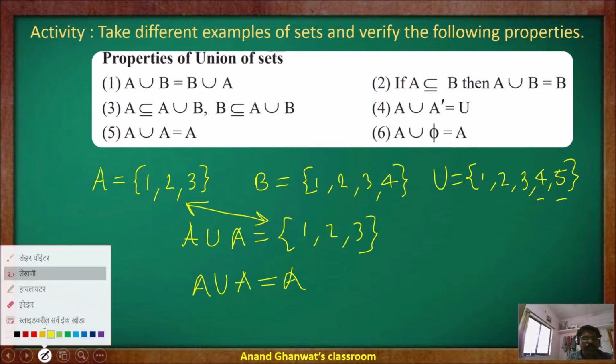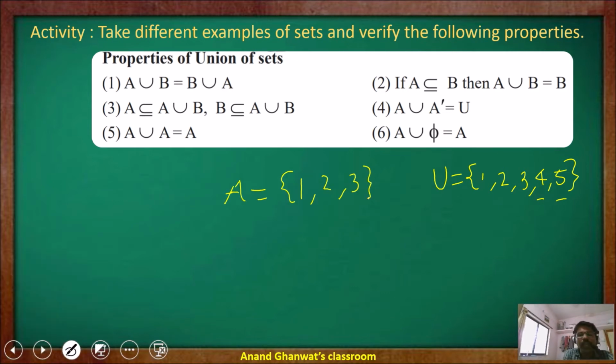Now next, we know that phi is a set in which there is no element present. So A union phi means elements which are present in either set A or phi, that is 1, 2 and 3.